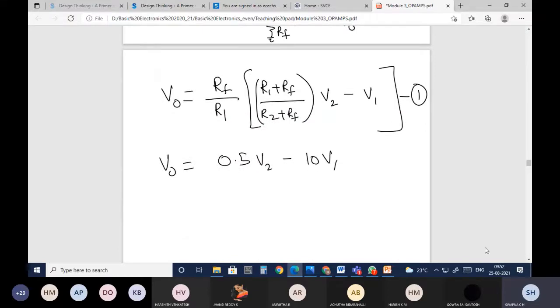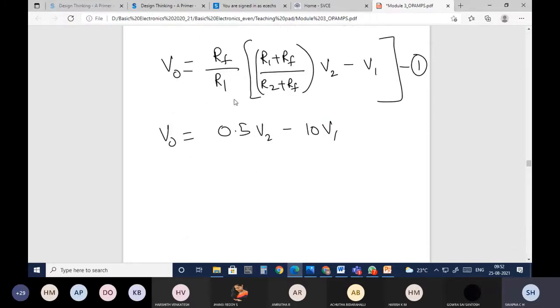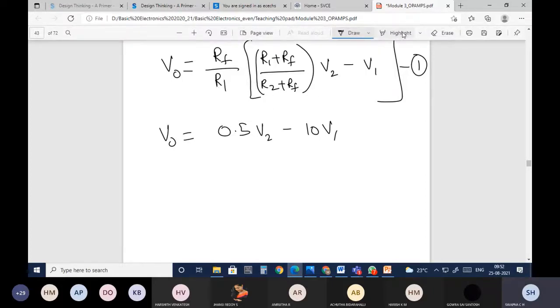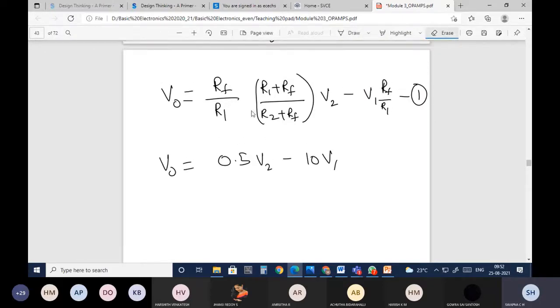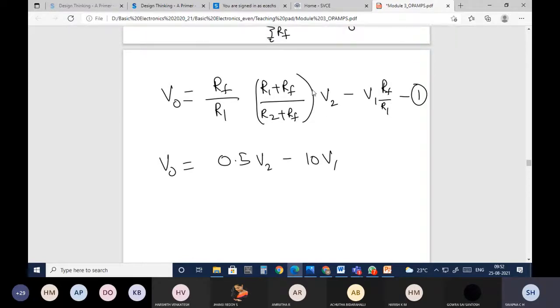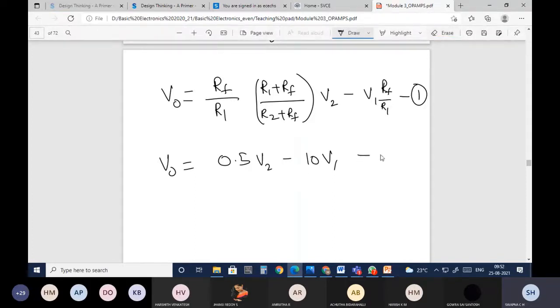Or what you can do is multiply this inside, so that your equation will be in this way. Here also I have RF by R1. I have multiplied this RF by R1 inside to the first term as well as the second term. Now compare equation 1 and equation 2.